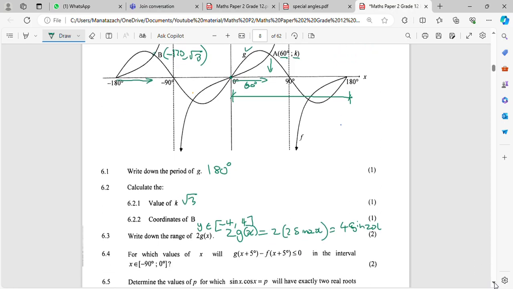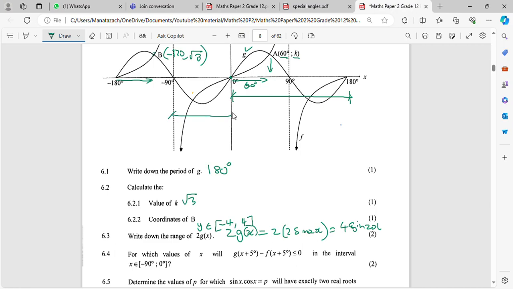And then let's go to 6.4. For which values of x will g of x plus 5 minus f of x plus 5 be less than or equal to 0 in the interval of minus 90 to 0. So we're basically focusing on this interval here.